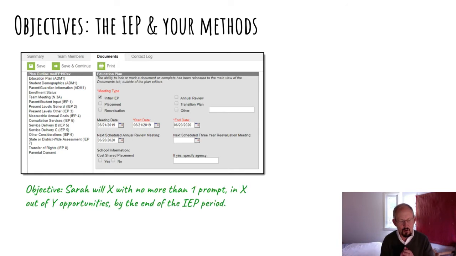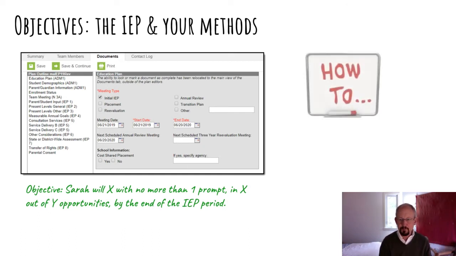Okay, so let's take an example like this. Sarah will X, what will Sarah do with no more than one prompt? So that's some kind of support in X out of Y opportunities, which is that benchmark, and then the timeline by the end of the IEP period. Okay, so that's a typical lean description of an objective with a target benchmark.